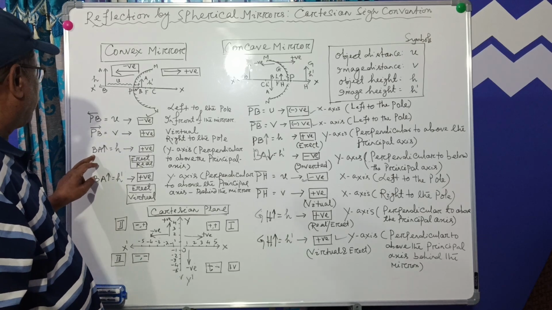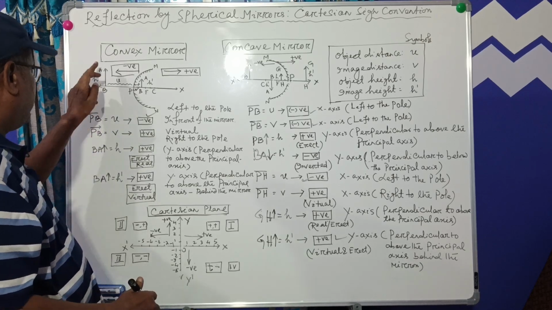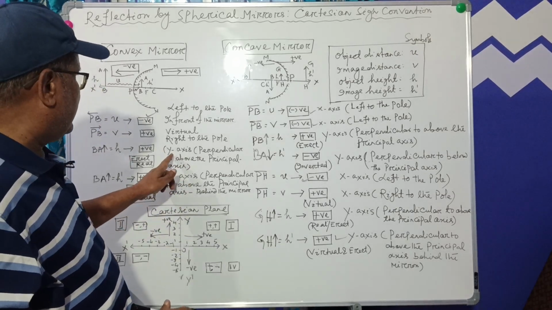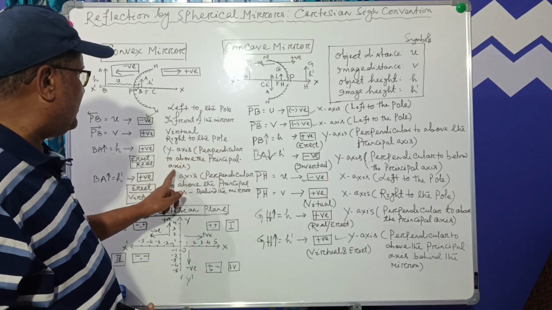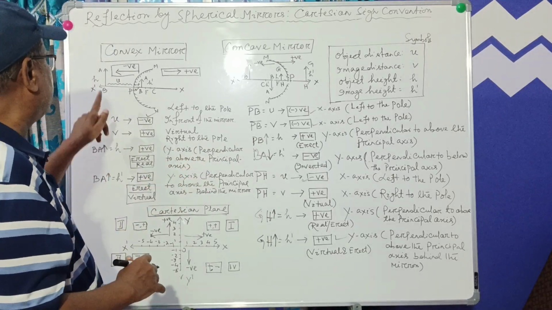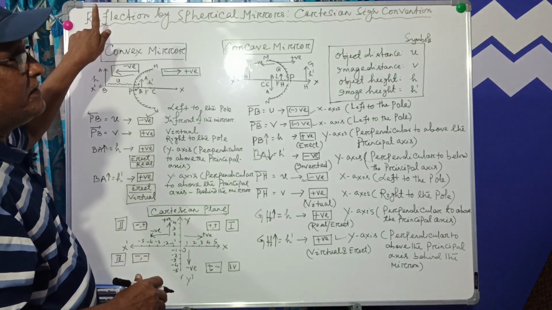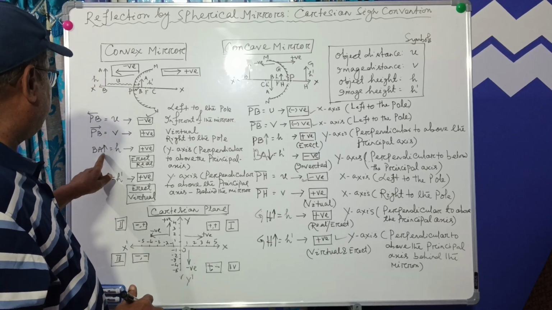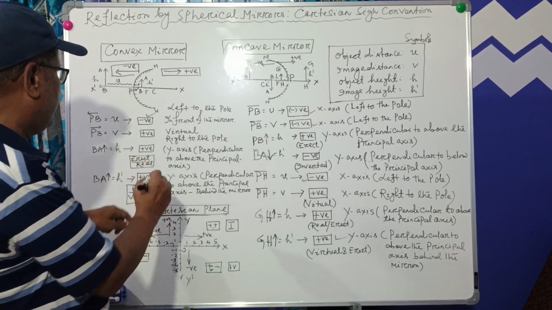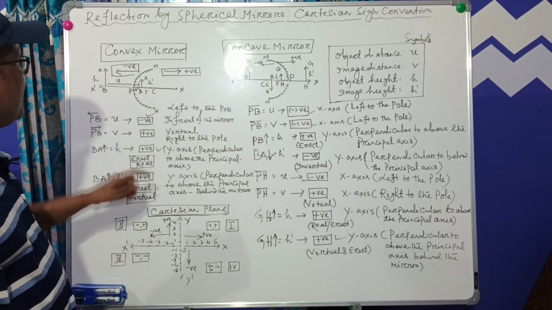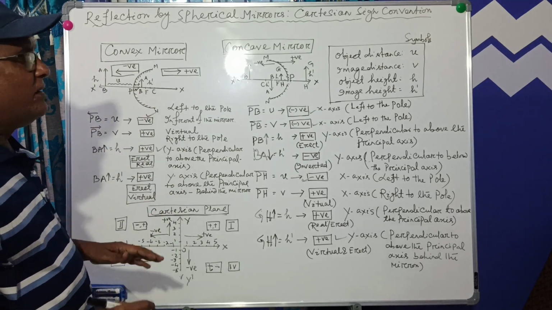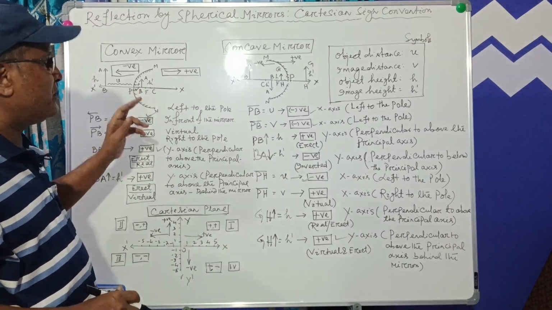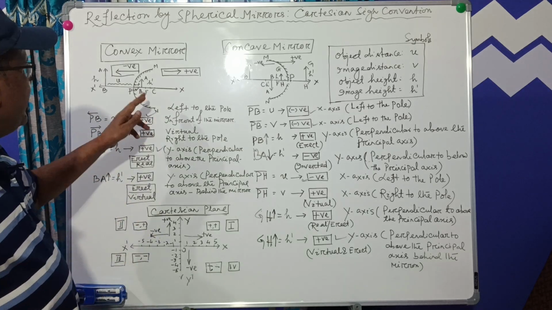Now you see BA, the height, is called the object height. It is perpendicular to the principal axis, above the principal axis, that is the y-axis, and it is upward, so this is positive. But here also BA, the image, is diminished or short, virtual and erect.